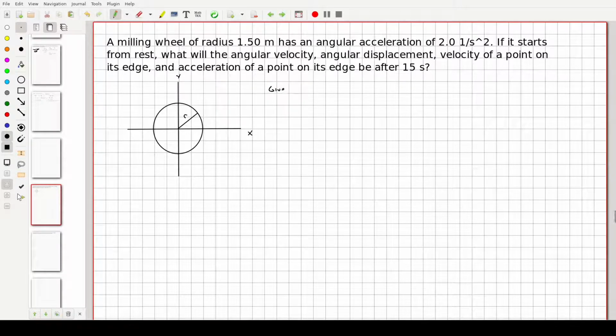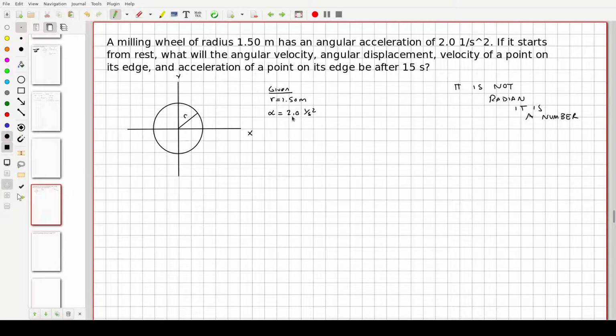We are given the radius is 1.5 meters. The angular acceleration is 2.0 radians per second squared, not 2 pi per second squared. Remember, pi is not radian. It is a number. Second time I told you.